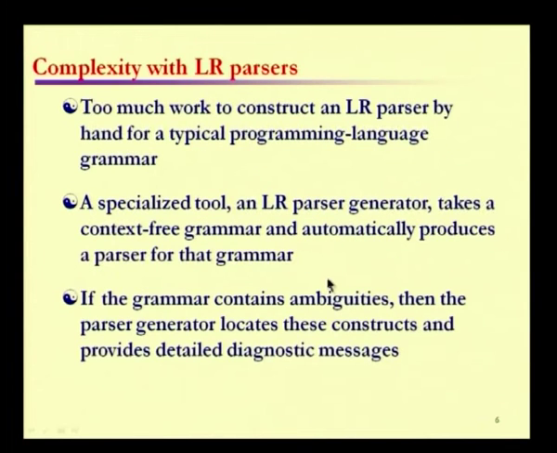Now, when you are looking at the complexity of LR parsers, we find that the table construction is not very easy. We have already studied predictive parsers, shift reduce parsing, and operator precedence parsing also.